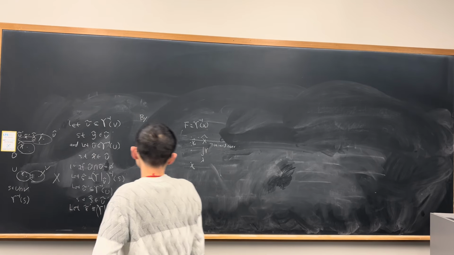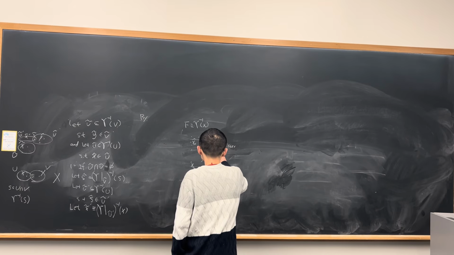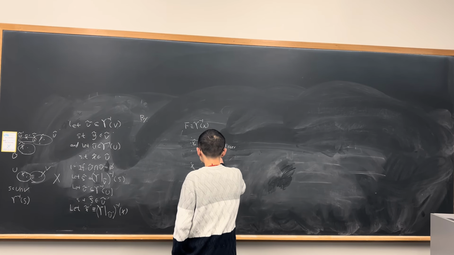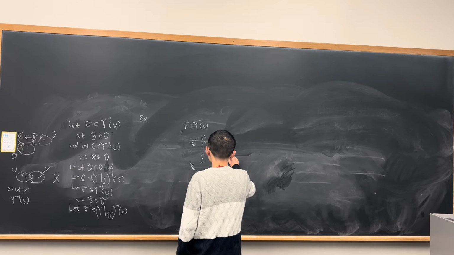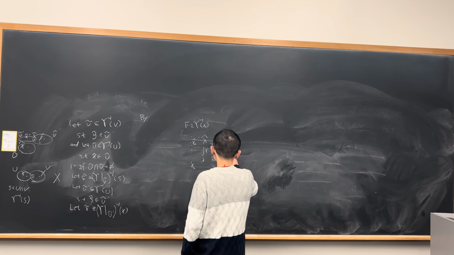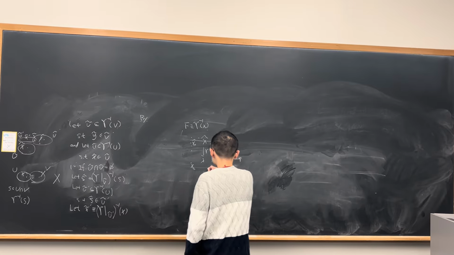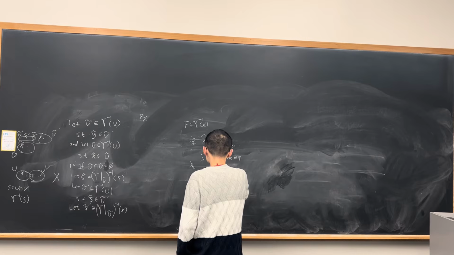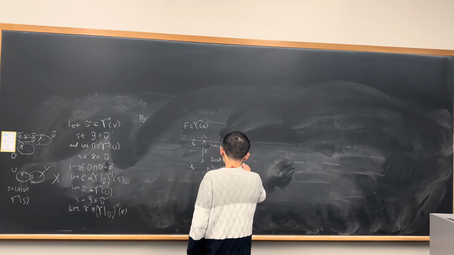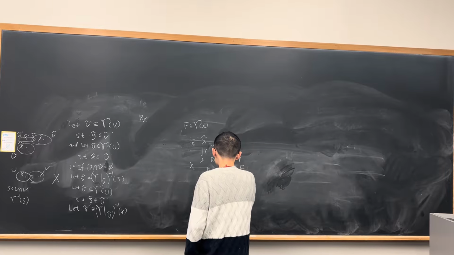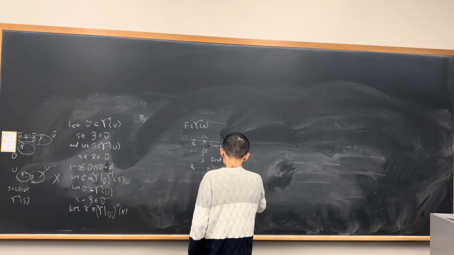So what we showed is that the map from the deck transformation group gamma to F, given by phi goes to phi of x naught tilde, is a bijection.